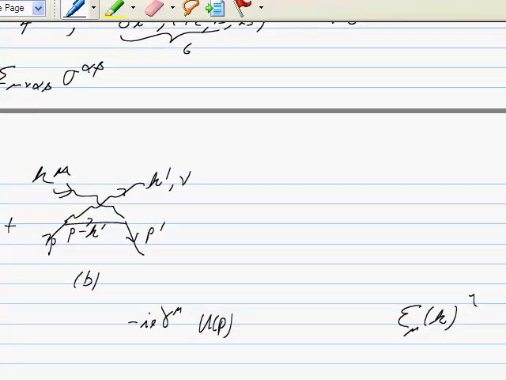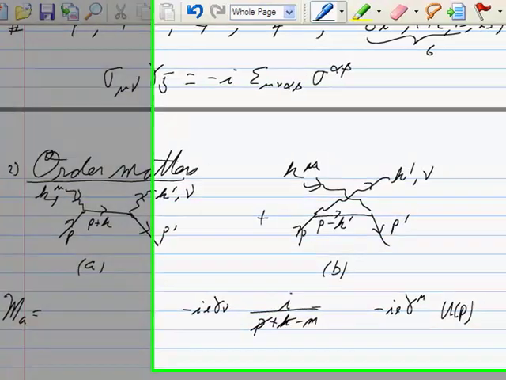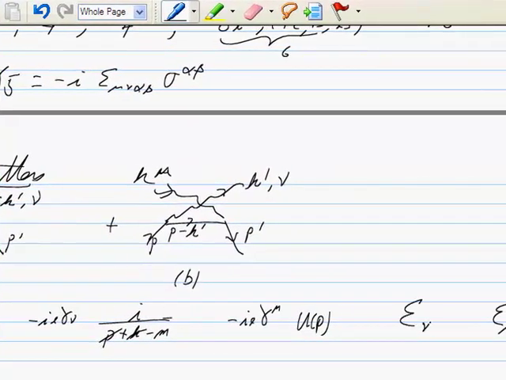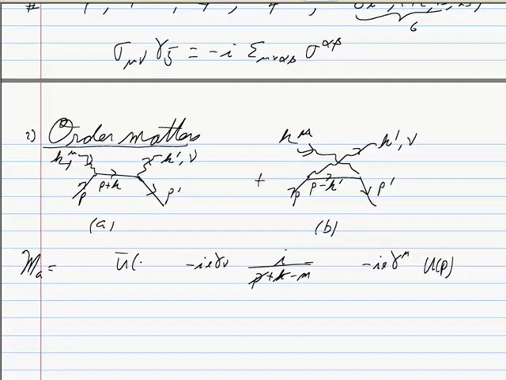Then I hit the propagator. The propagator has to sit there. It's i over p slash plus k slash minus m. Then as I follow along the fermion path, I hit the next vertex, minus i e gamma nu. That's hooked up to epsilon nu of k prime star because it's the final state, and u bar of p prime.